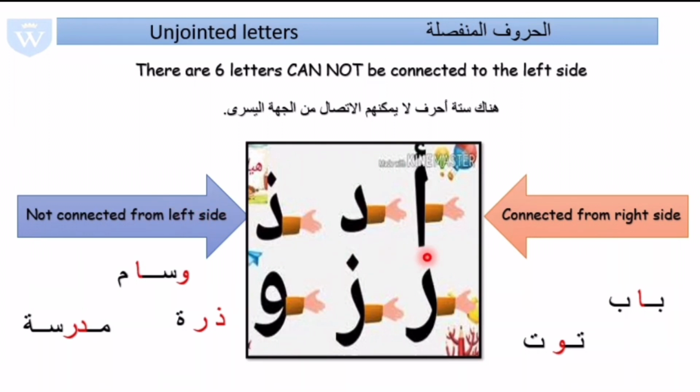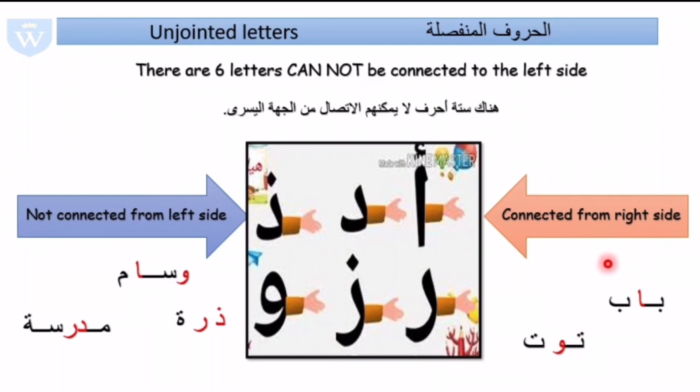These letters are alif, dal, dhal, ra, zay, waw. If you would like to use these letters in writing, you have to keep a space on the left side. Any letter coming from the right side can be connected, but from the left side it doesn't work.